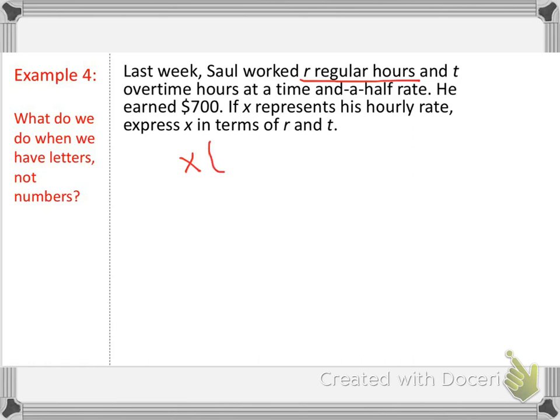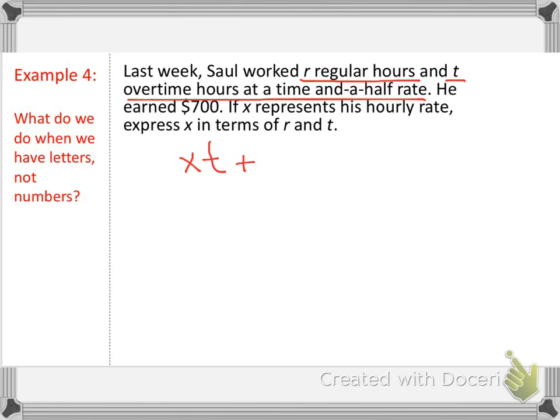So X times T, plus he's going to work overtime pay. If X represents his hourly rate, T overtime hours at a time and a half rate.